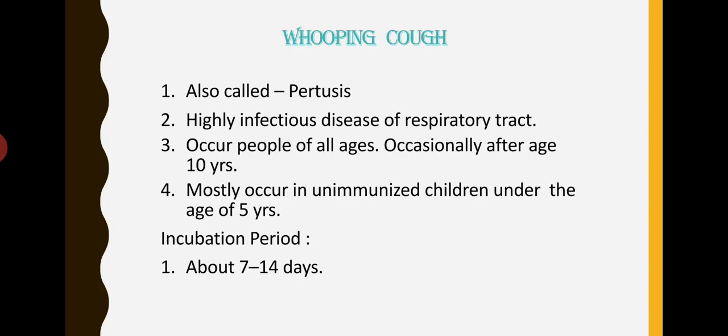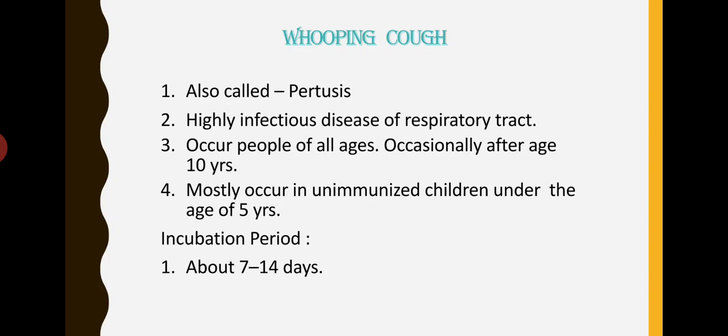It occurs in people of all ages, and occasionally after the age of 10 years. Generally, children are less susceptible, while those above 10 years and adults are more susceptible. The disease mostly occurs in unimmunized children under the age of 5.